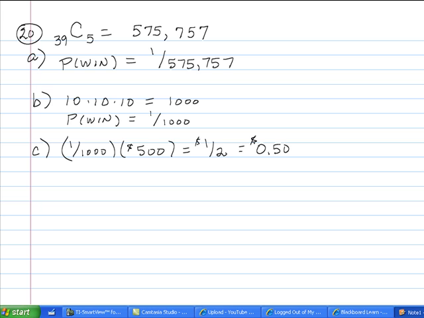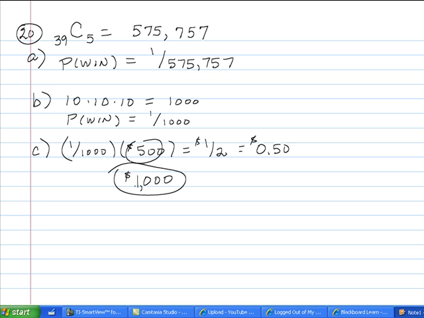So if we're going to win $500, we should be paying 50 cents. We're paying $1 to play this particular game. So in order for it to come out to be $1 instead of 50 cents, this would need to be $1,000 for it to be really a fair game where they made no profit. So the answer is $1,000, and like I said, that's a little bit different question from what we've had.